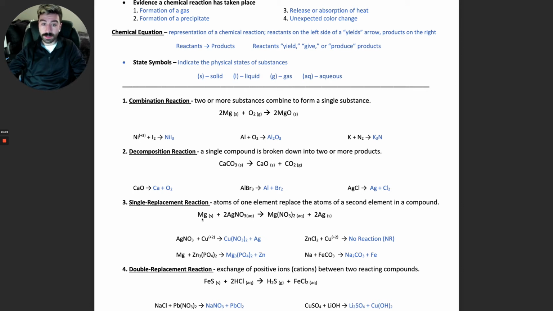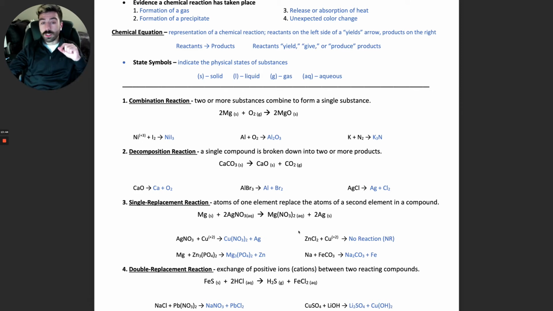So magnesium reacts with silver nitrate to produce magnesium nitrate and silver. Magnesium nitrate has Mg, which is +2, nitrate, which is -1, so it's Mg(NO3)2, and silver.